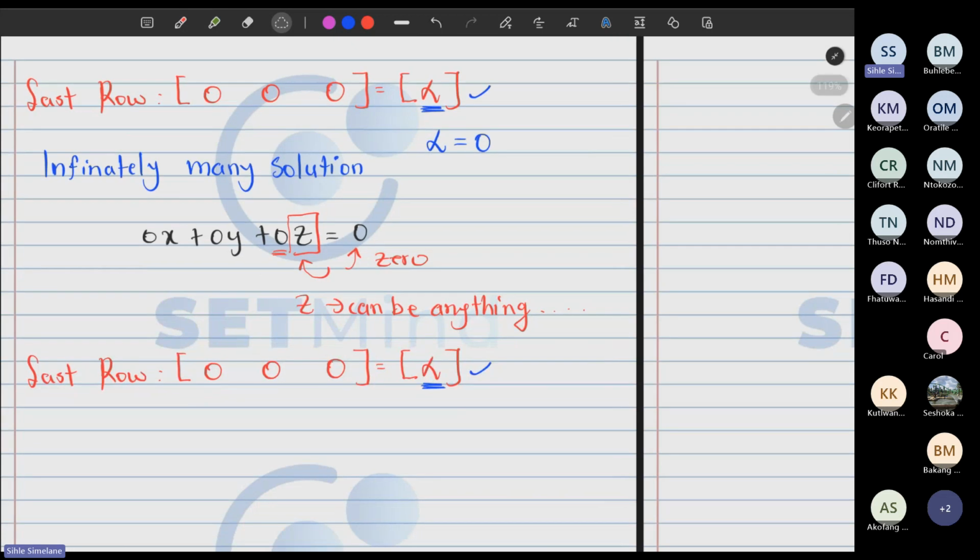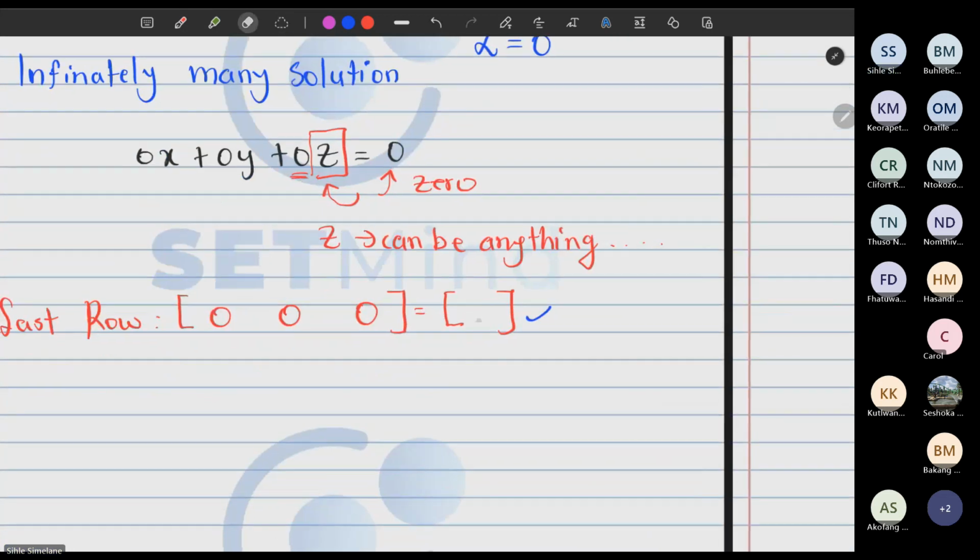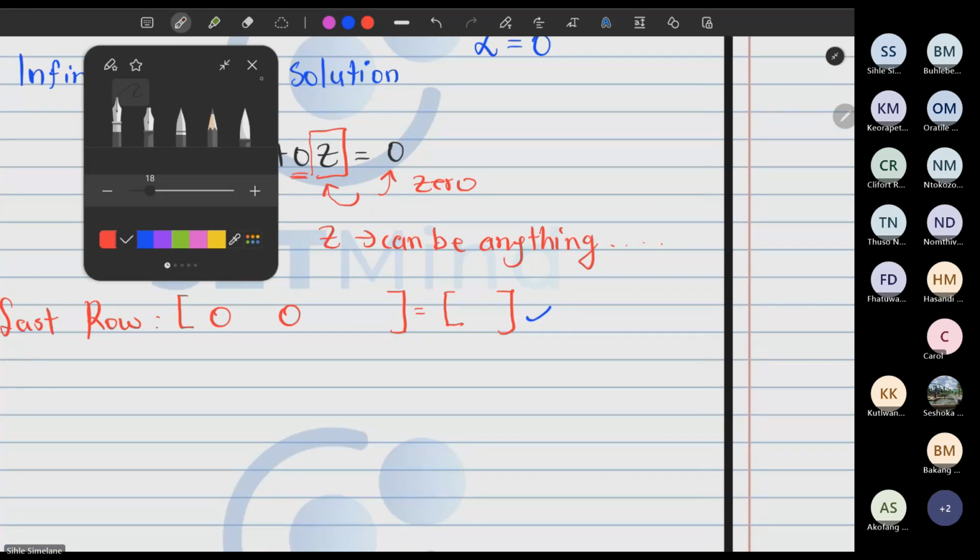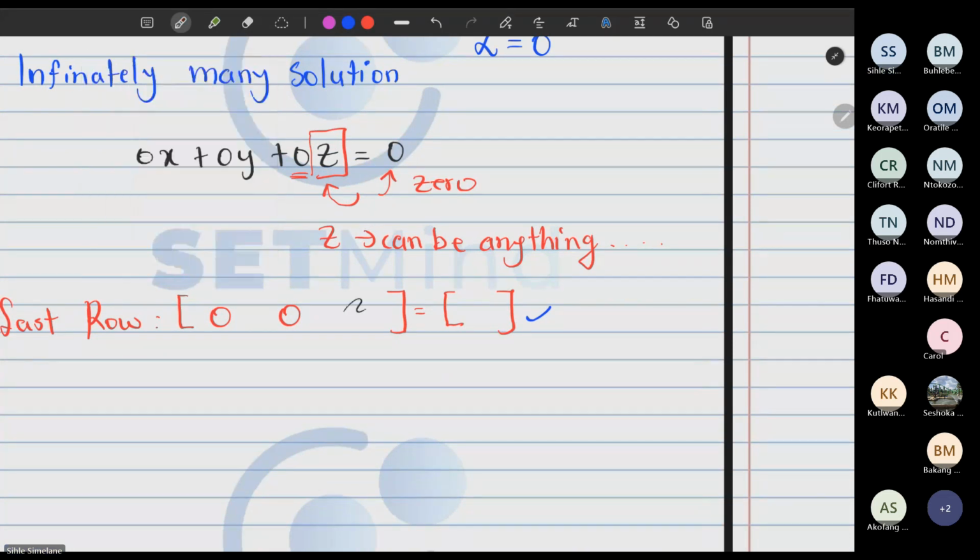So for the unique solution case, all you are doing is trying to achieve a 1 here. And for the infinitely many solution case, you can have an alpha there, and alpha can be anything.